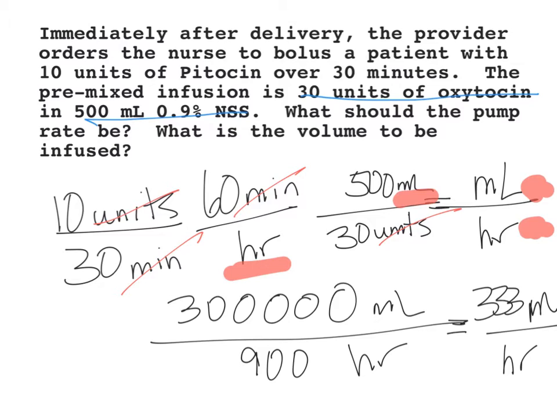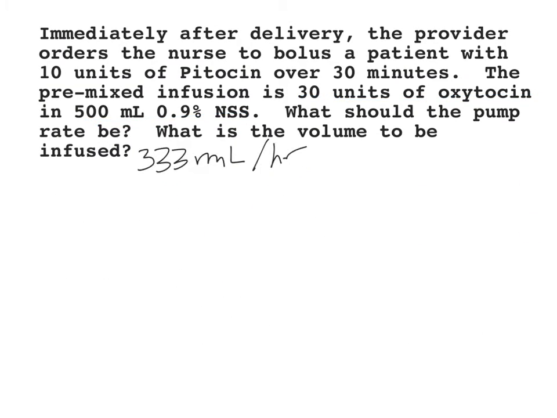All right, let's get rid of that now, because now we need the next part of our problem. Okay, so now that we know our pump rate, we want to find out how many mLs total we're infusing. So we need to start where we want to finish, which is mLs, not mLs per hour, just mLs. Okay, that's our volume. So on this side of the equation, we have 333 mLs per hour.